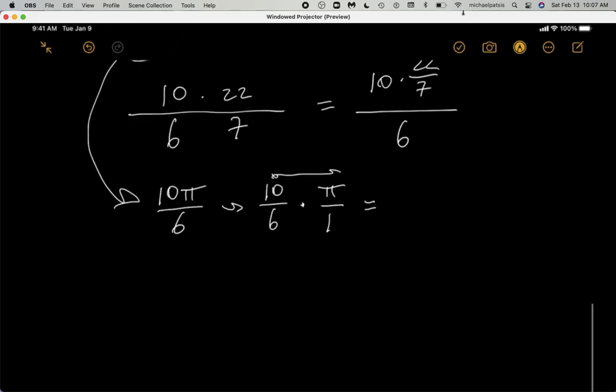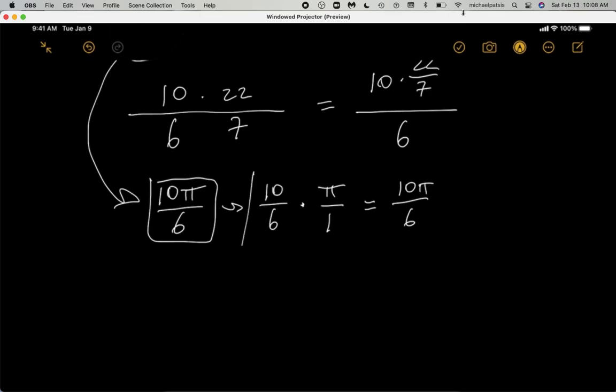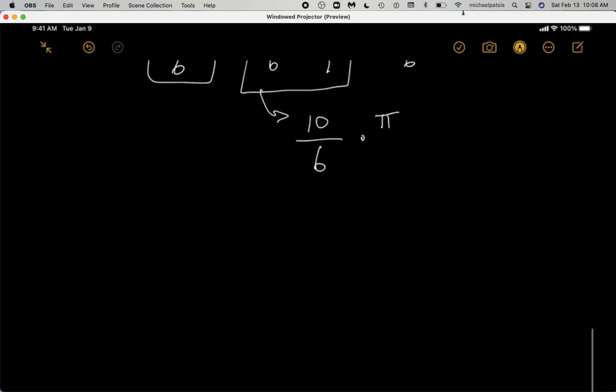You could multiply straight across, you get 10 pi over 6, and that's indeed what you started with. Okay, so now you have this. Because you expanded things out, you can eliminate that hidden 1 and say 10 over 6 times pi. What are we using for pi? We're using 22 over 7.